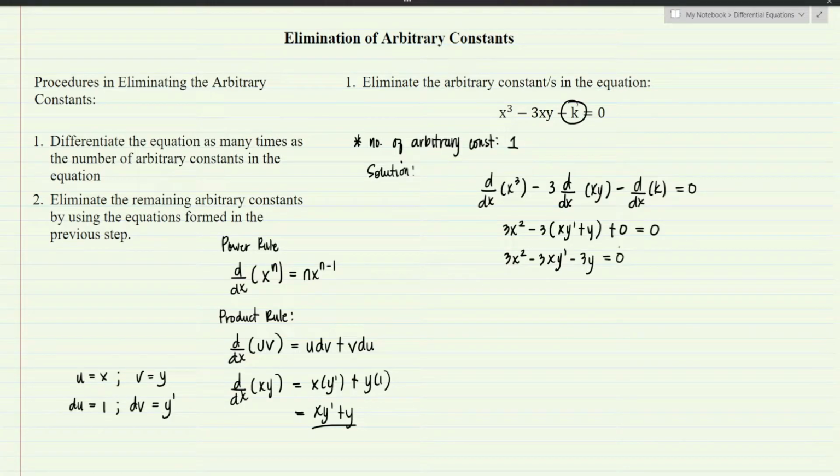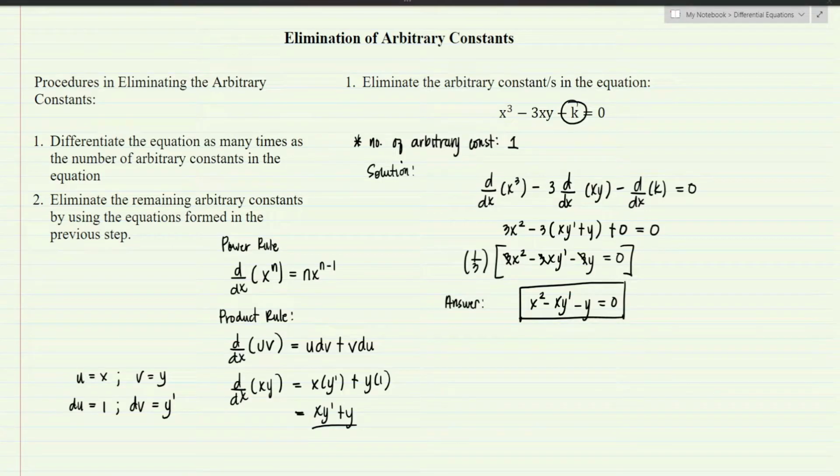Now the last step here, since all of the coefficients in the terms are equal to 3, I can reduce them by multiplying both sides by 1/3 so that I can cancel out the coefficients. So the final answer here is x squared minus xy prime minus y equals 0.